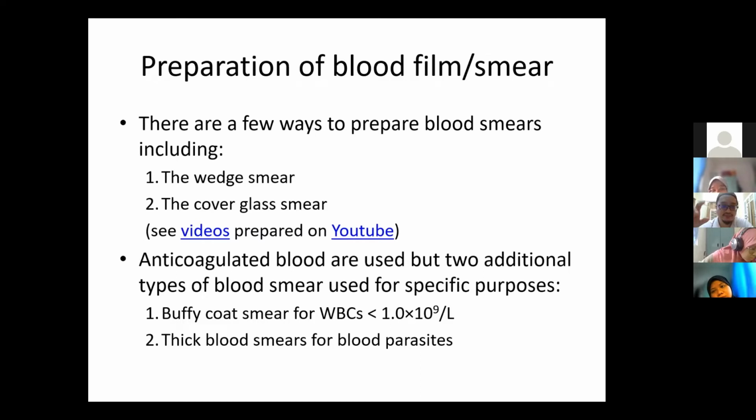With the micropipette, kita boleh buat lagi banyak slide, banyak smear quickly. Tapi sometimes the drop of blood may be too little, maybe too much. Sometimes there are bubbles. That is the disadvantage of using the micropipette.